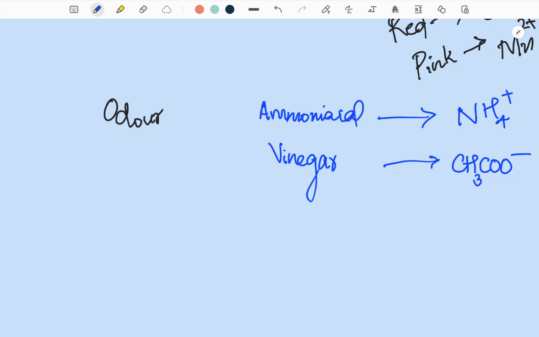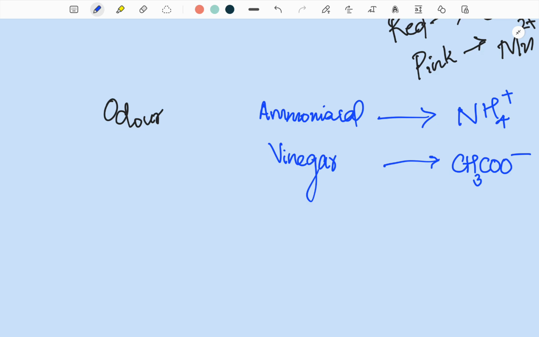So just take a watch glass and add a few drops of this NH4OH in it and smell it. That is going to give you the smell of ammonia, and that is what is known as ammoniacal odor.